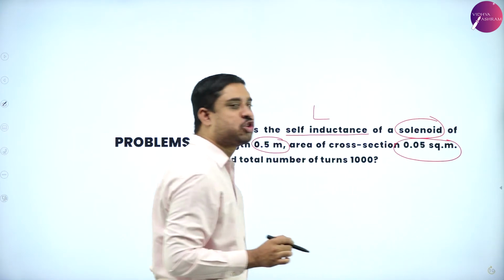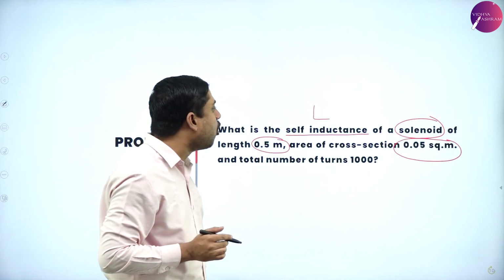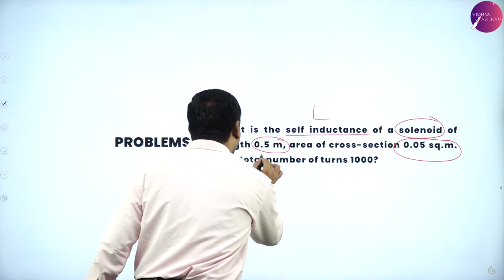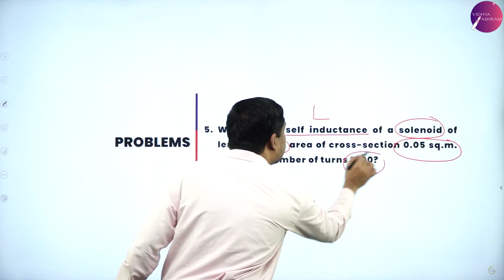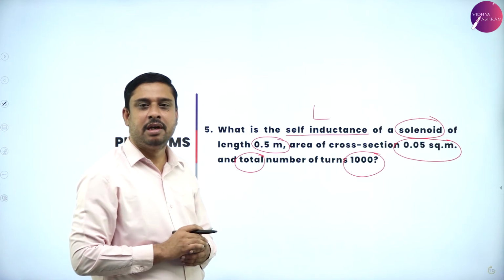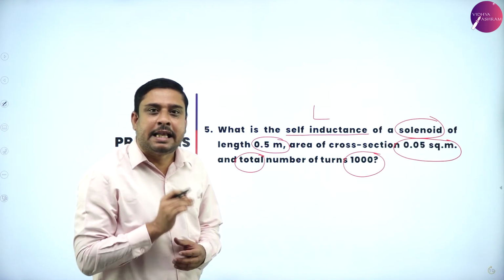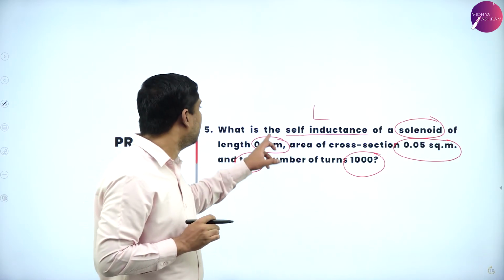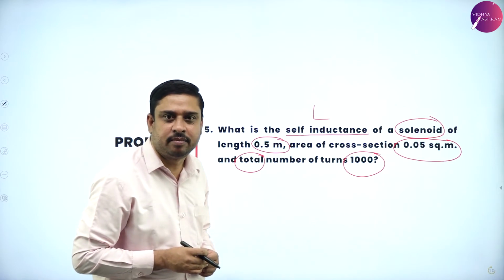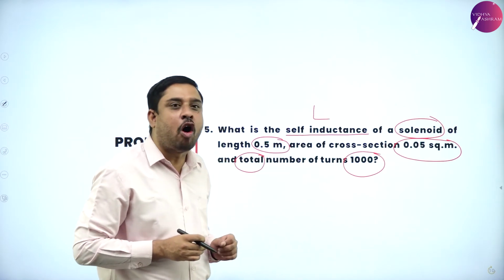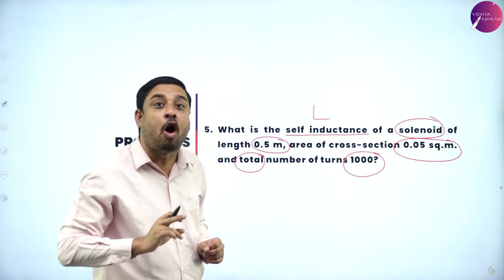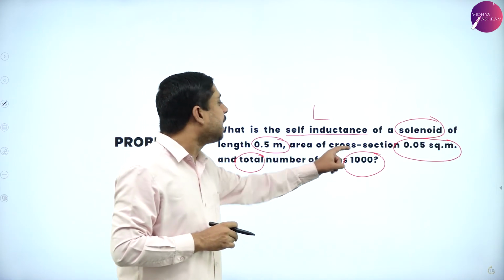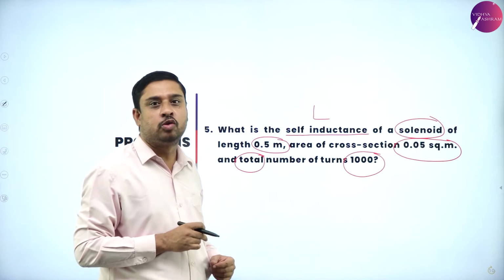Area of cross section is given, 0.05 square meters, and total number of turns is 1000. Analyze it. The solenoid is having a length 0.5 meter, area of cross section 0.05 square meter, total number of turns 1000.